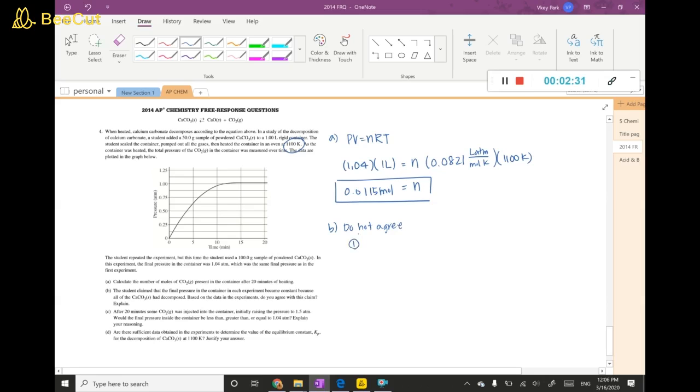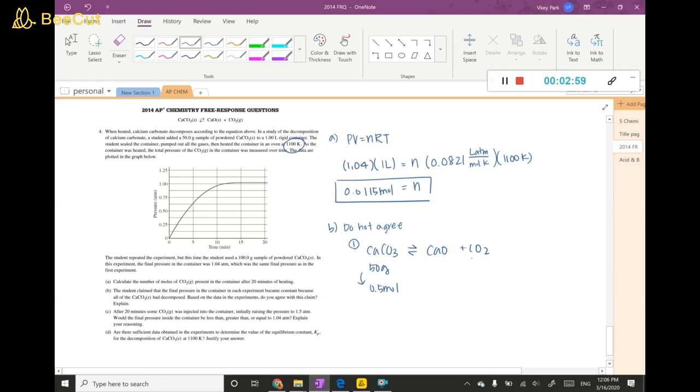The explanation is basically saying that we had 50 grams of CaCO3. CaCO3 becomes CaO plus CO2. If I switch 50 grams of this to moles, I end up with 0.5 moles of it.